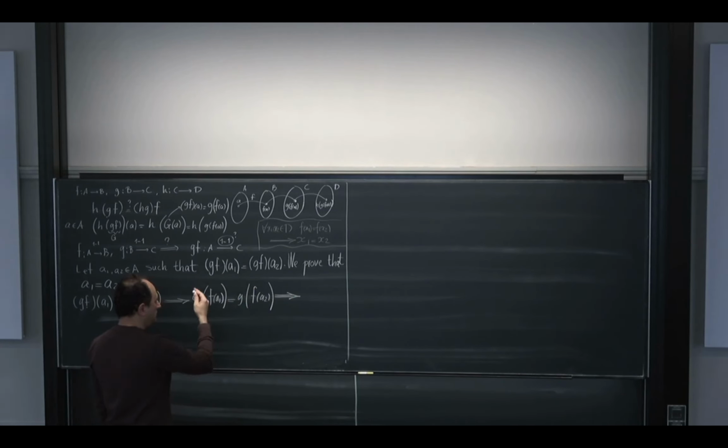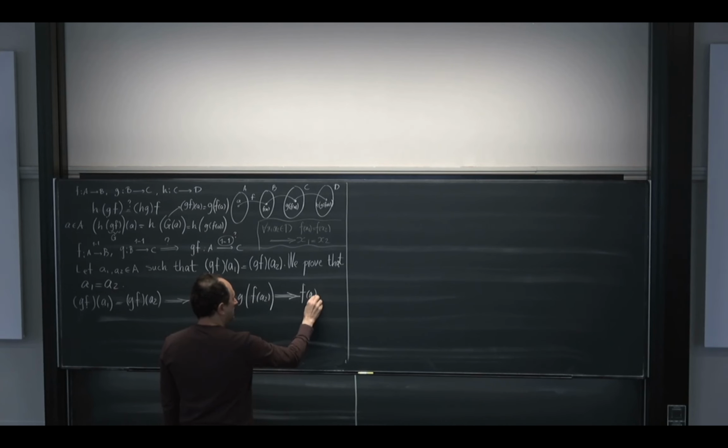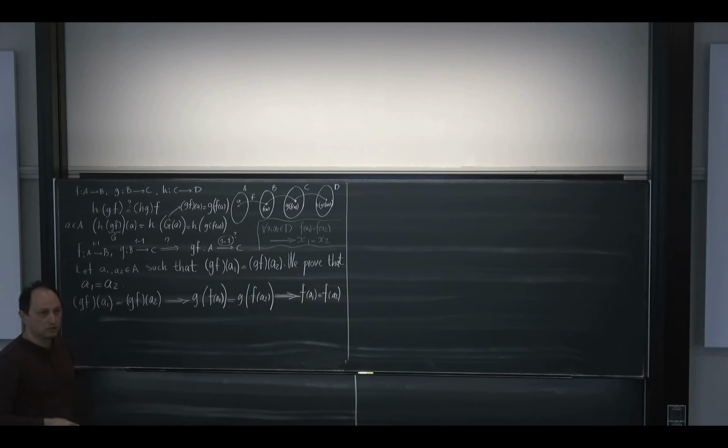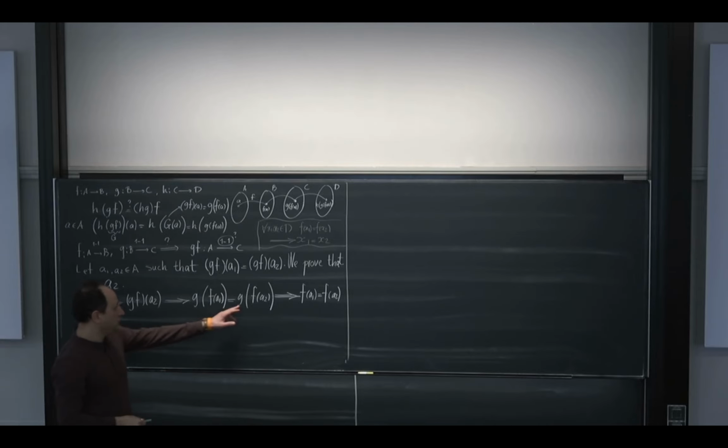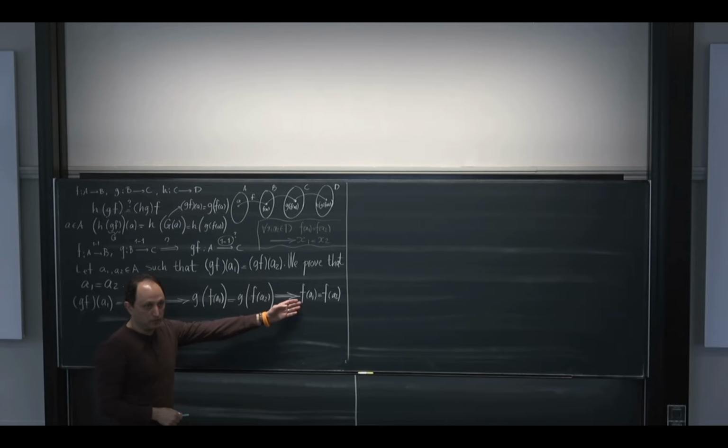I want to conclude that f of A1 is equal to f of A2. Why is that? Because we want to prove that if they're both injective. We know that they individually are injective. So we know that injectivity of which one implies this? Injectivity of G.